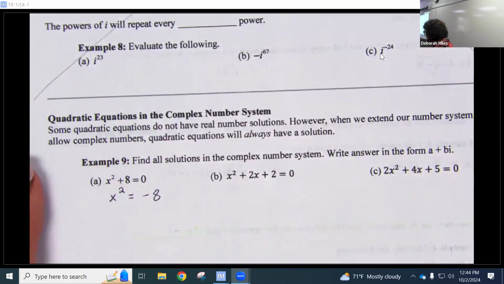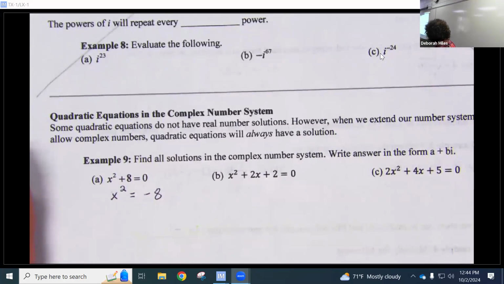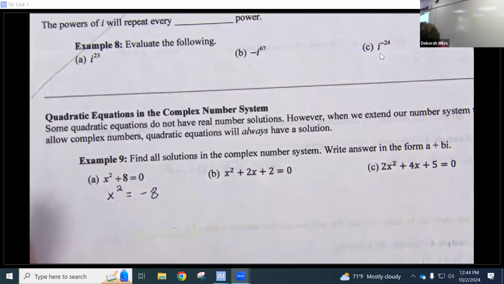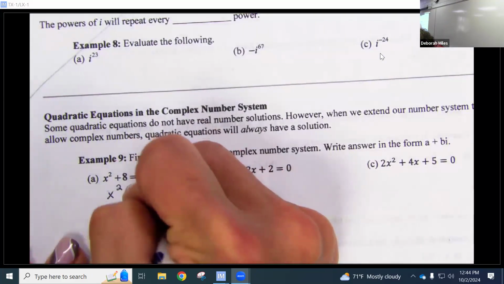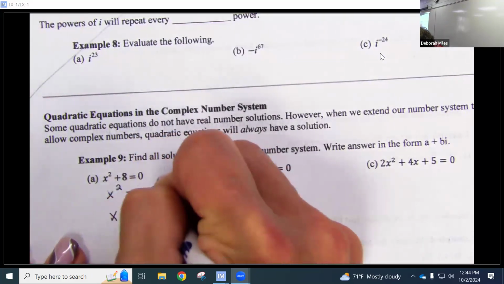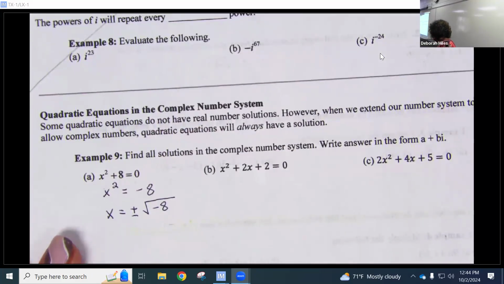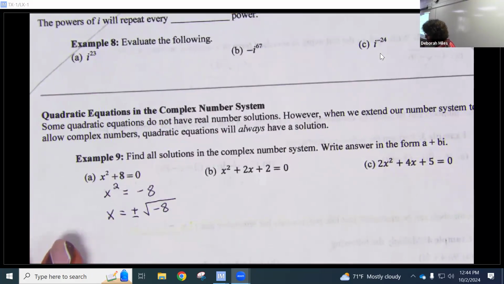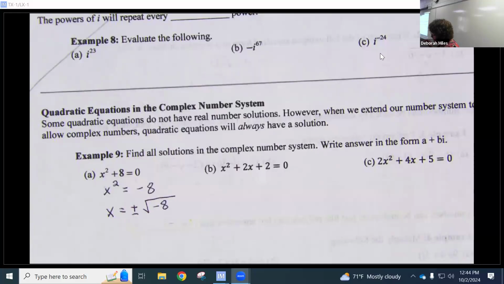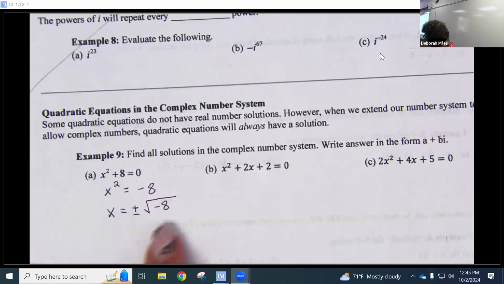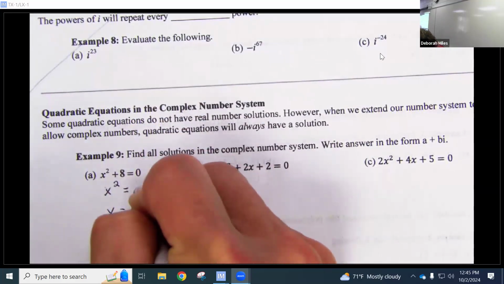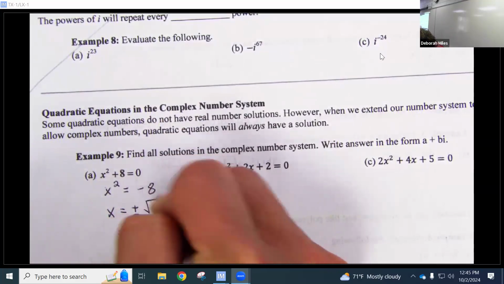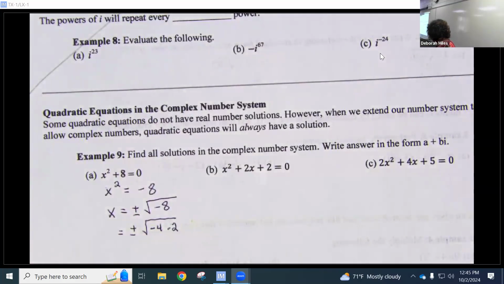And then I'd take the square root of both sides, and bells and whistles would go off to remind me what? Don't forget the plus or minus square root of -8. And up until this minute, I would have just said not a real number. But now I can write that as a complex number. I can say square root of -8 is -4 times 2.